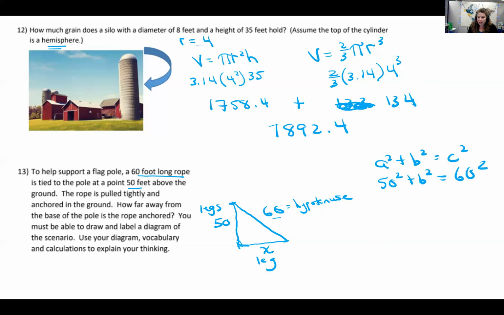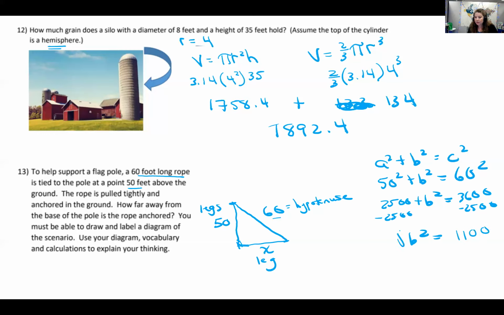So 50 squared, well, I don't need a calculator for that, is 2,500 plus B squared equals 60 squared, which is 3,600. To get B by itself, I'm going to subtract 2,500 from both sides. So B squared is equal to 3,600 minus 2,500, which is 1,100.